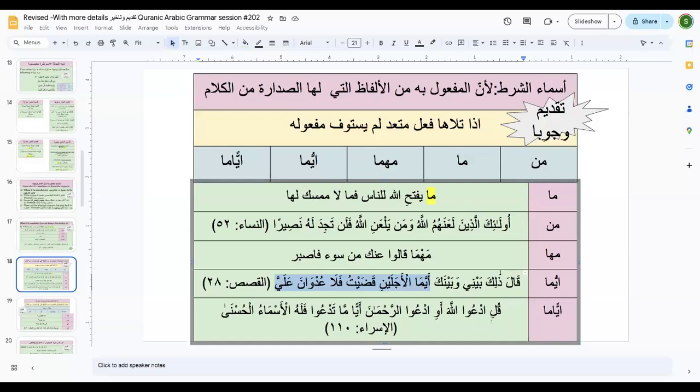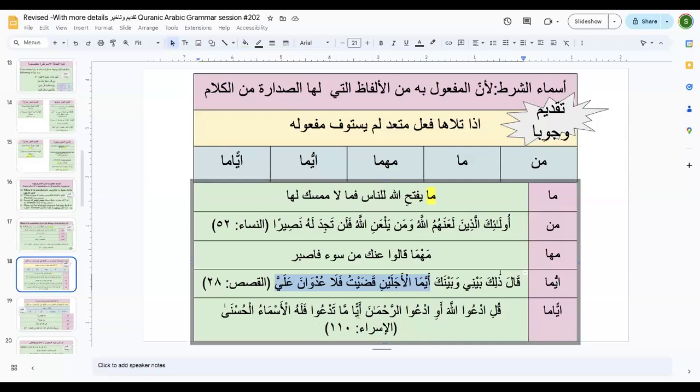Here you can see, qulid'u, you say you all call Allah, or ad'u ar-Rahman, or you all call ar-Rahman. Ayyamma tad'u, whoever you call, falahul asma'ul husna, then to him belongs the beautiful names, right?